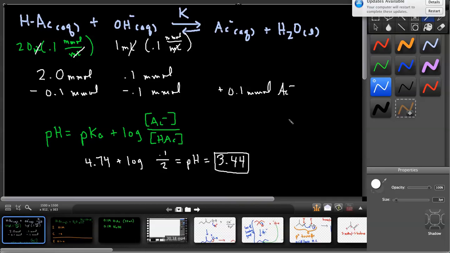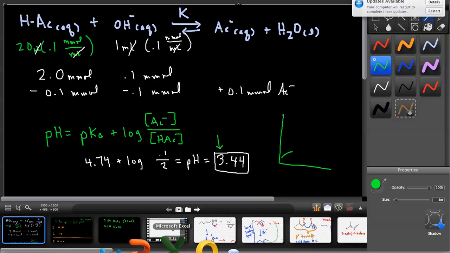Now, remember when we have collected an experimental titration curve in the lab, that we initially see this bump. And we also see it here. By simply adding 1 milliliter of base, we've increased our initial pH by nearly 0.6 pH units, which is actually pretty large considering we've only added 1 milliliter.